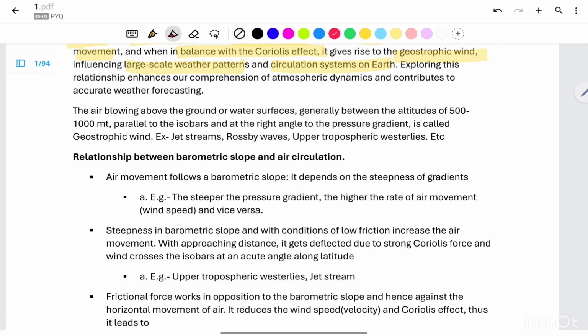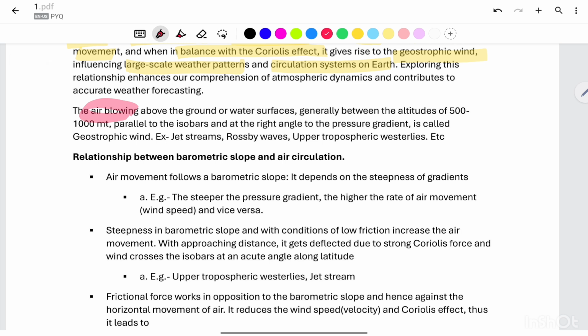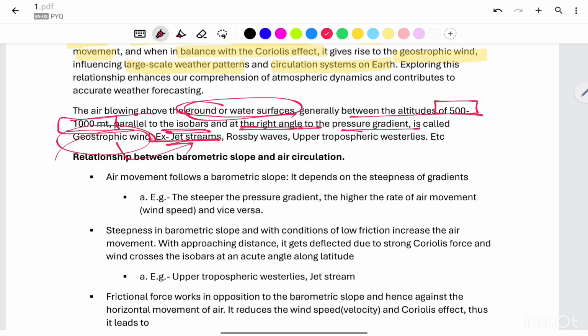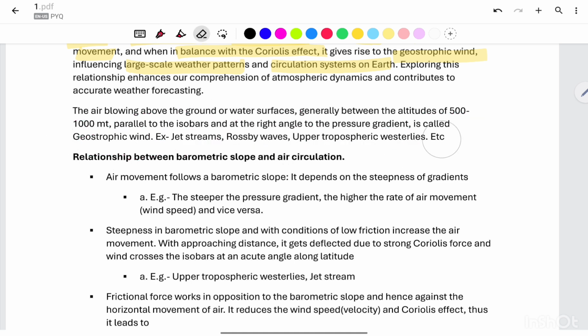Now, the air blowing above the ground or the water surfaces, generally at an altitude of 500 to 1000 meters, parallel to the isobars and at right angles to the pressure gradient, is called the geostrophic wind. Examples of geostrophic winds are the jet streams, Rossby waves, upper tropospheric westerlies, etc. So these are the examples.